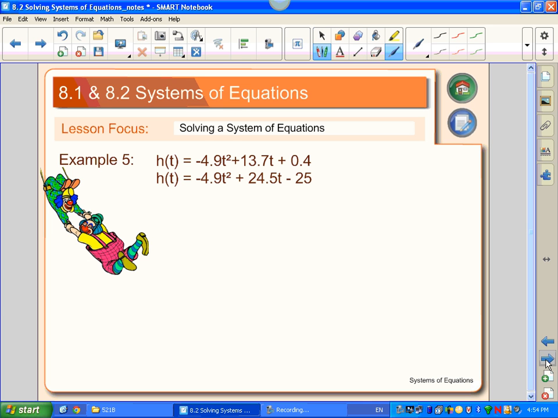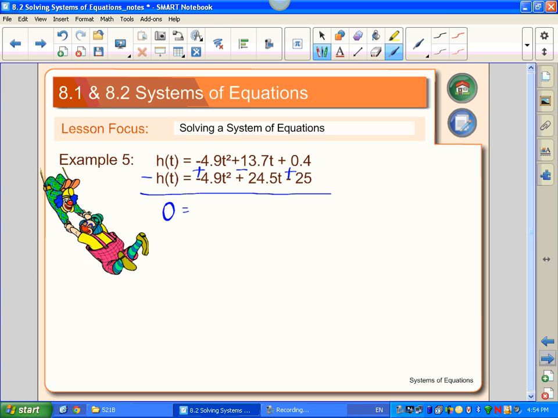What I'm going to do is eliminate the t squared. If possible, it's always nice to eliminate, but you also have to eliminate your y value, remembering that h of t is like our y value. So I'm going to change this sign, change this one, and this one. Remember, it's like multiplying that equation by -1, so every term's sign must change. H of t subtract h of t is 0.